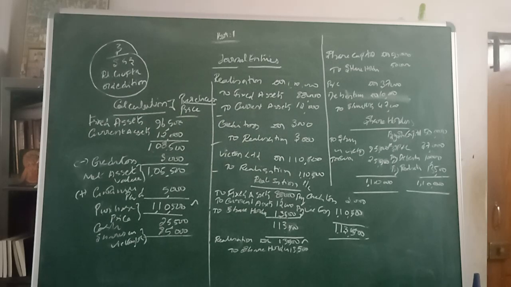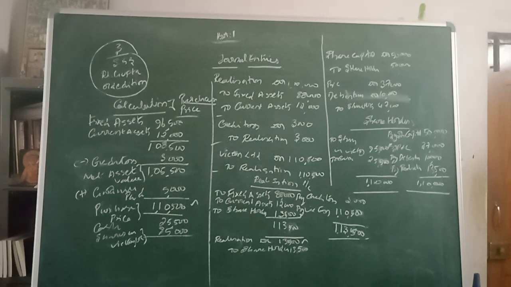First, let us go to the liability side of the given balance sheet. The existing share capital should be transferred to the shareholders account. Share capital is a liability; it has a credit balance. Now we have to debit it. So share capital account debit to shareholders account.